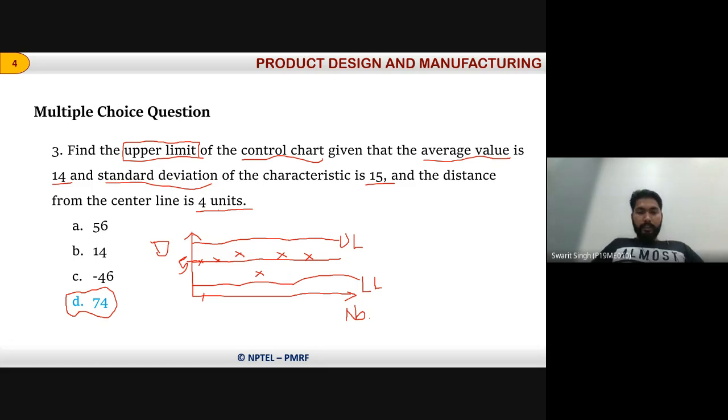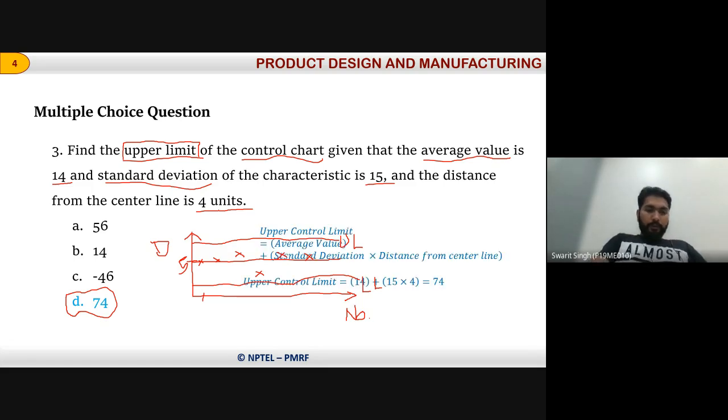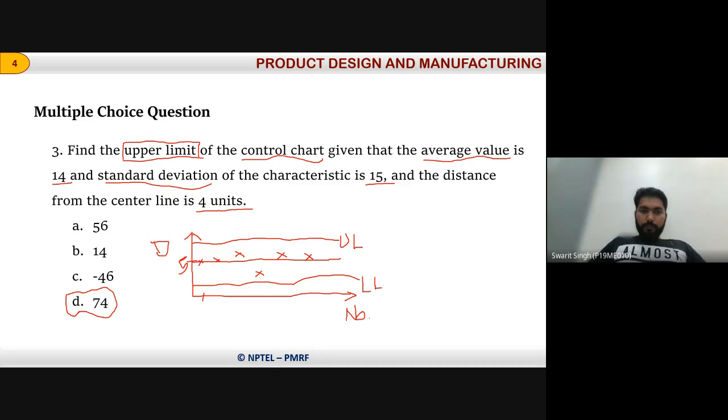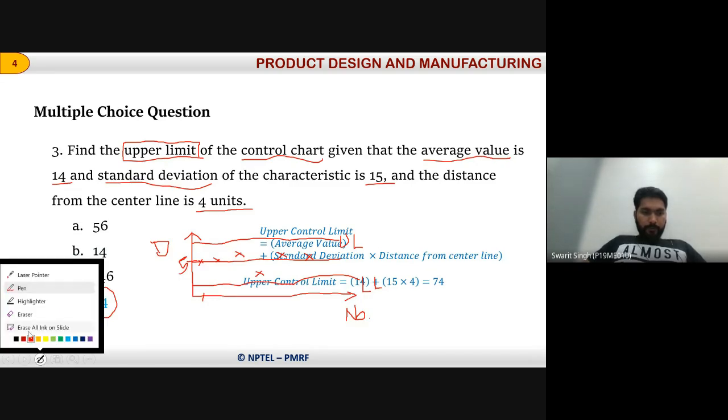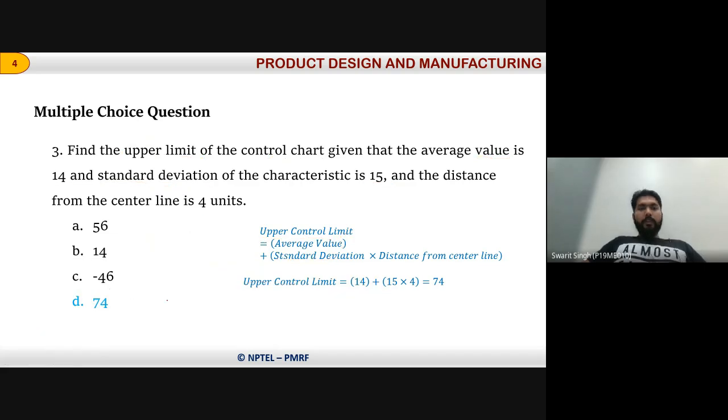And how did this answer come? We have to calculate the upper limit.